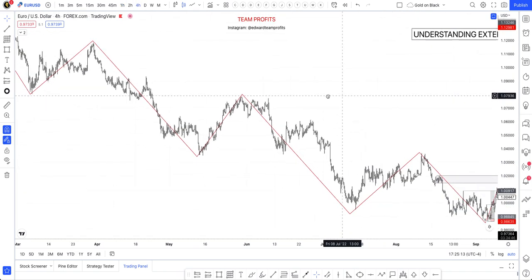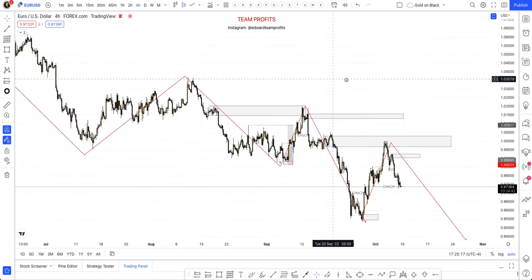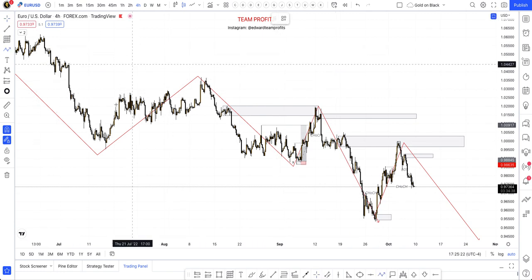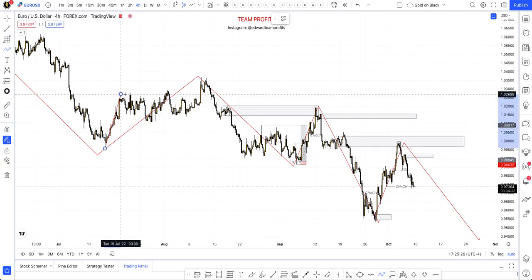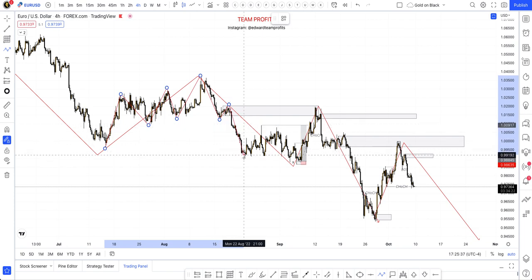Anyways, guys, I hope it makes sense. You have to backtest. You have to do your work in finding this type of formation. All right. Push, price starts failing, big break right there.